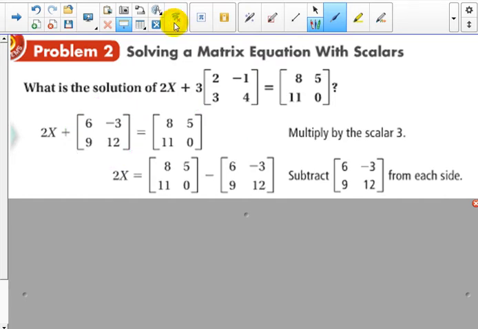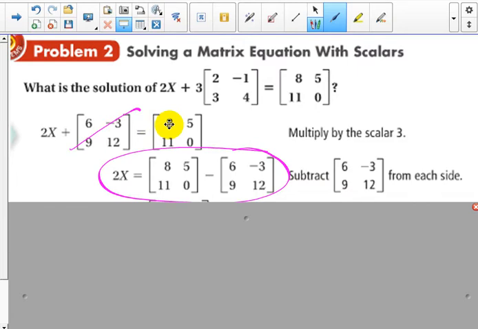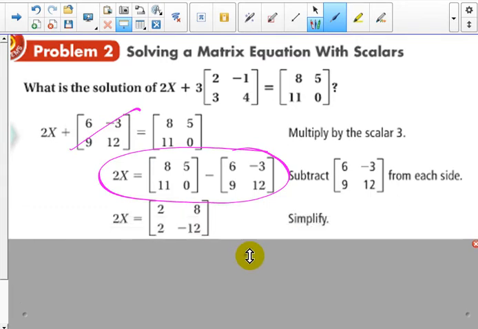So we have 2x equal the 8, 5, 11, 0 matrix minus the 6, negative 3, 9, 12 matrix. Is everybody good there? That's an important step, and I had some people confused on that yesterday. It's just basic algebra, like a 2-step equation, except instead of a variable, we're working with the matrix.